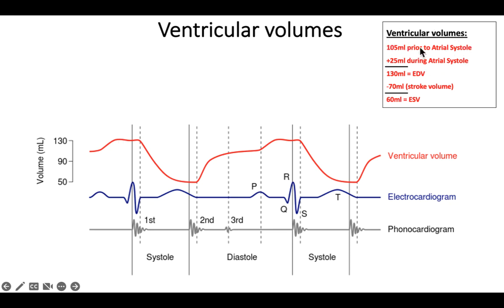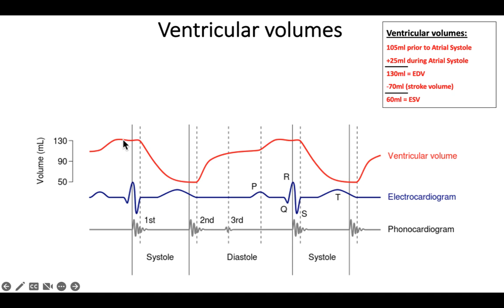Okay. We started with 105 prior to atrial systole. So that's right here. When the atria contracted, we added the 25 to equal 130. So now we see that line go up to 130. Okay. Notice where we are. We're between the P and the QRS. So we're in atrial systole, where we added that 25 milliliters.